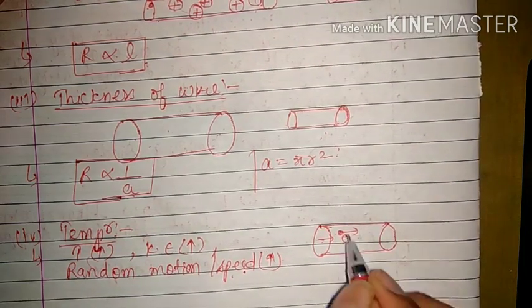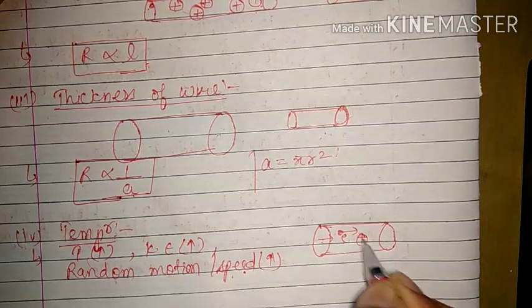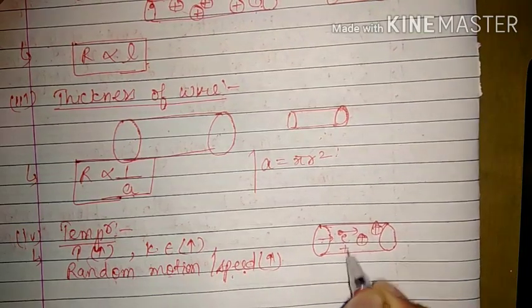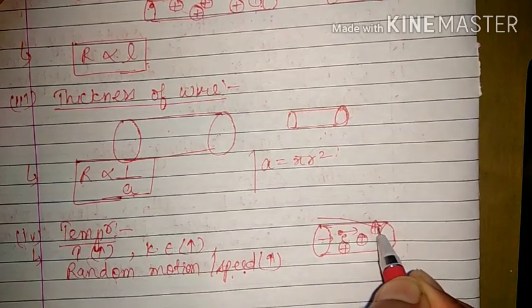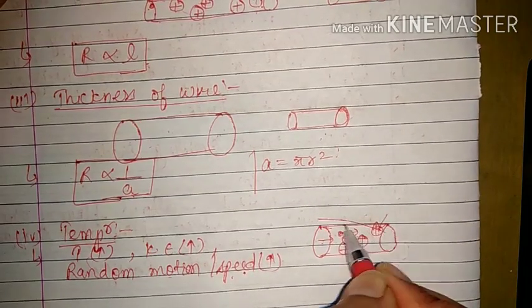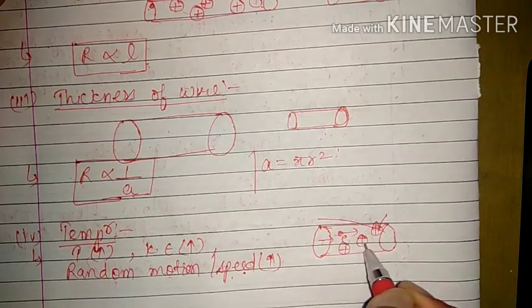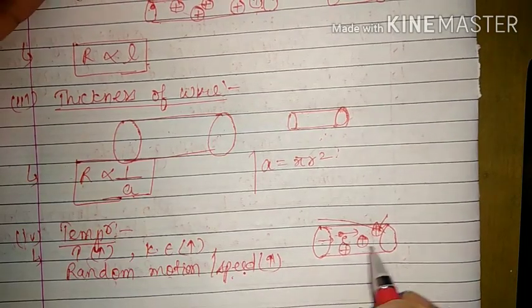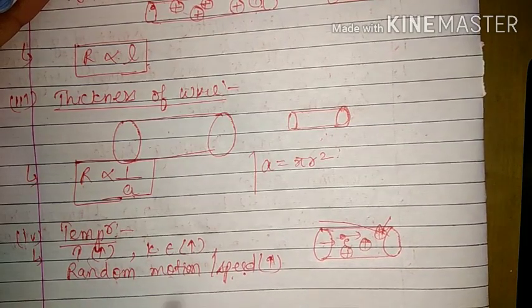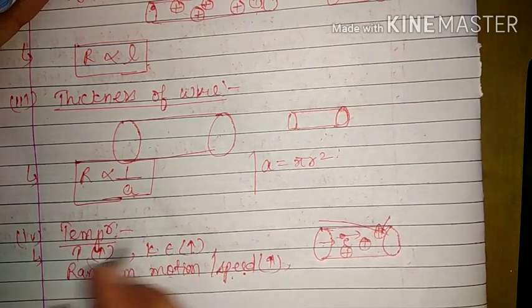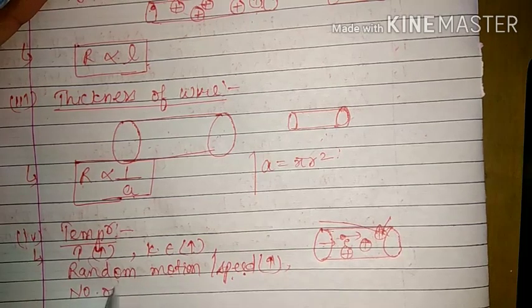Random means if they have a very high amount of kinetic energy, then while moving they will collide with these positively charged ions more, as well as they can collide with each other also. So when the kinetic energy increases, the random motion increases, which will increase the number of collisions.